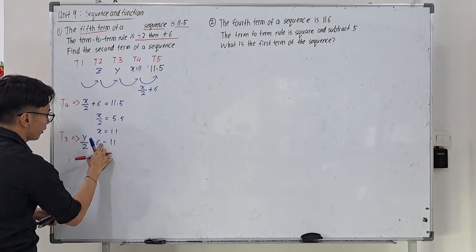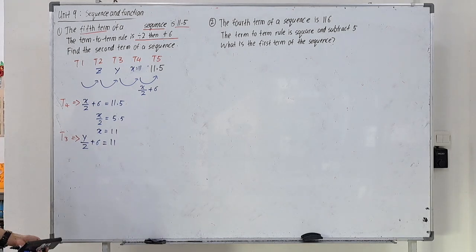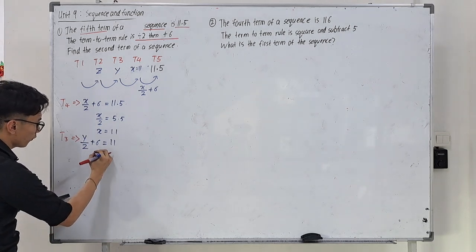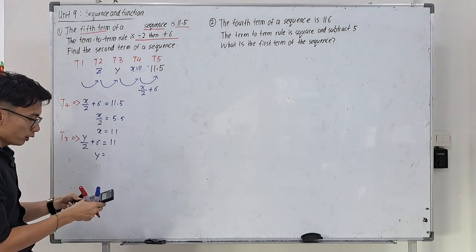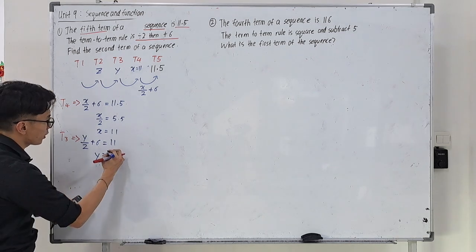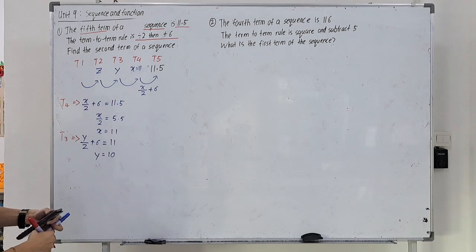So we can continue to solve this directly: y over 2 plus 6 equals 11. Bring 6 over, so 11 minus 6 gives me 5. 5 times 2 gives me 10, that will give me 10 over here.